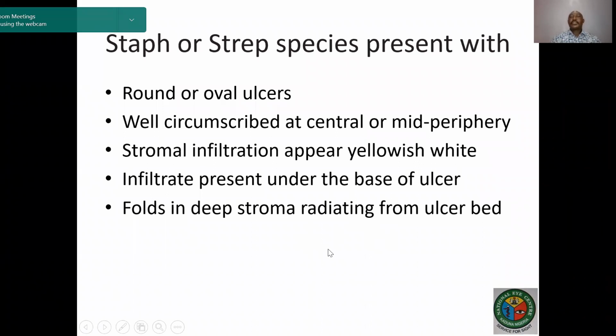Stromal infiltration appears yellowish to white, and the infiltrate is present under the base of the ulcer. In advanced cases, the deep stromal beds show some radiations in the ulcer area.